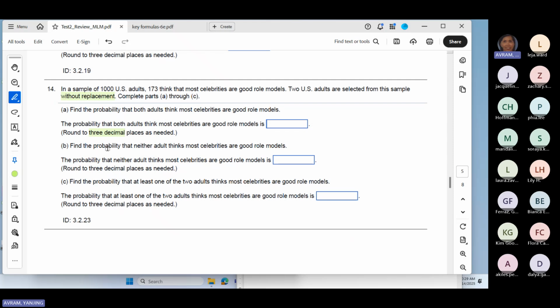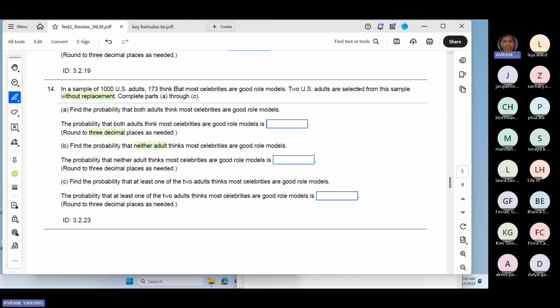The second one: find the probability that neither adult thinks most celebrities are good role models. So what does neither mean? Neither means none of them. None of them think they are a good role model.